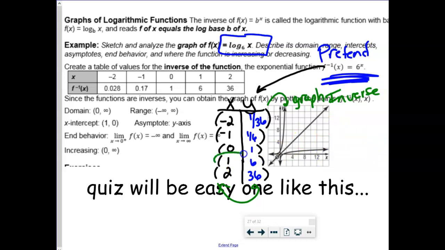Then I'd ask you to graph 6, 1. That one I could actually graph. Then 1, 0. Then 1/6, -1. And then 1/36, -2. So are you realizing why your calculator gives up on graphing this? Because I'm about to give up on graphing it too.